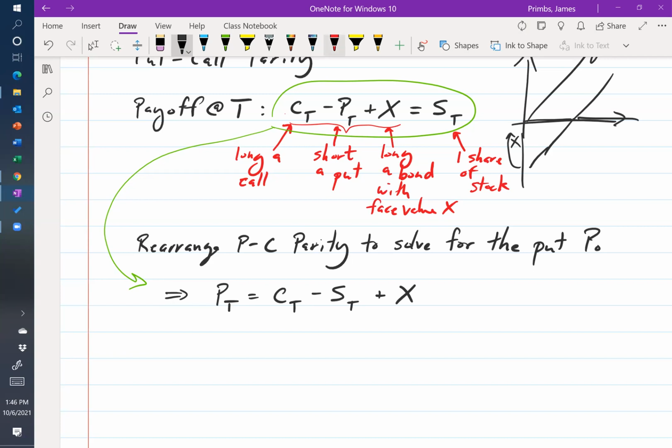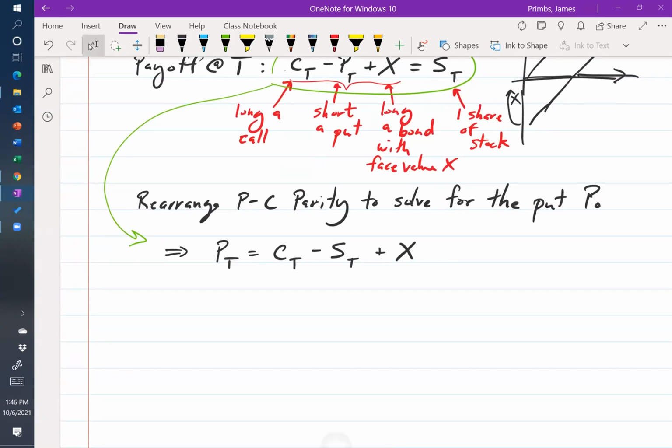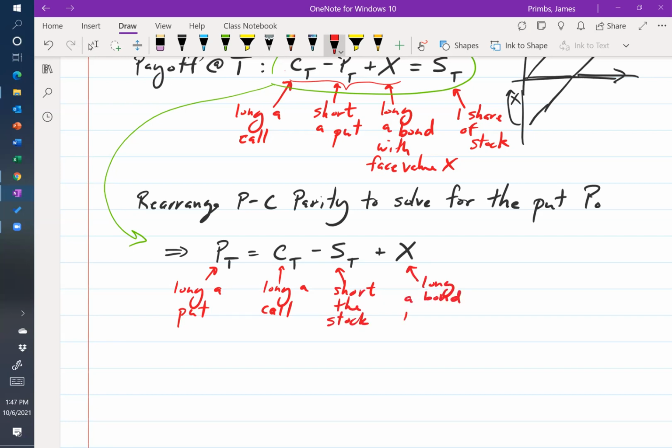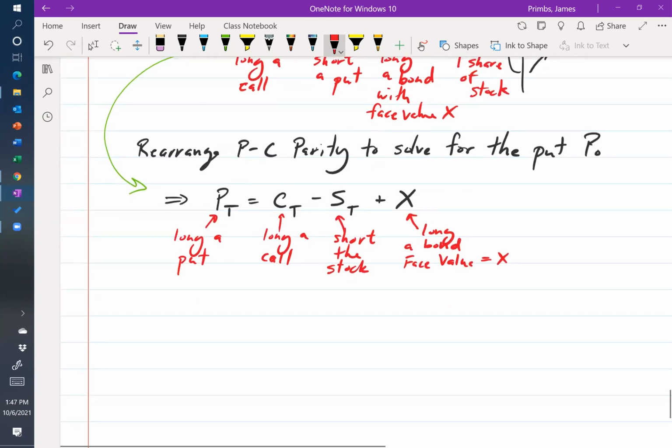What is this formula telling me? It's saying long a put, that's the payoff of the put, is equivalent to long a call, short the stock, long a risk-free bond, again with face value equal to X. And I can actually verify this if I wanted to with the payoff diagrams.